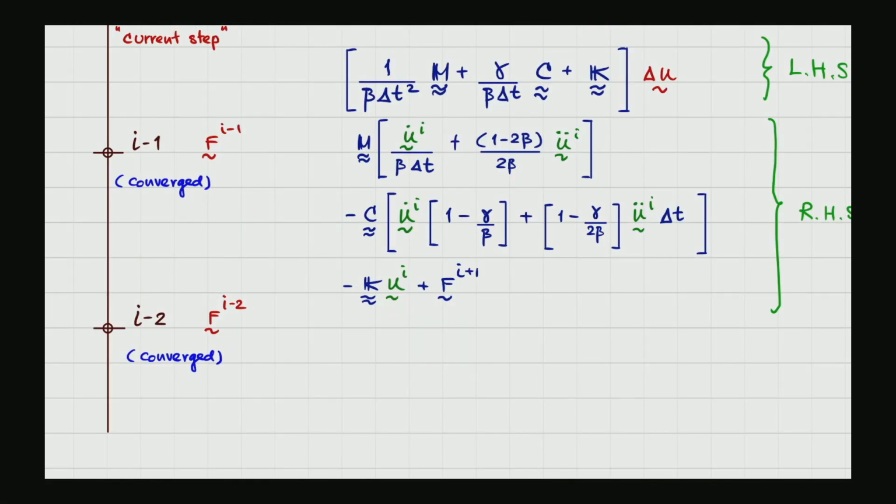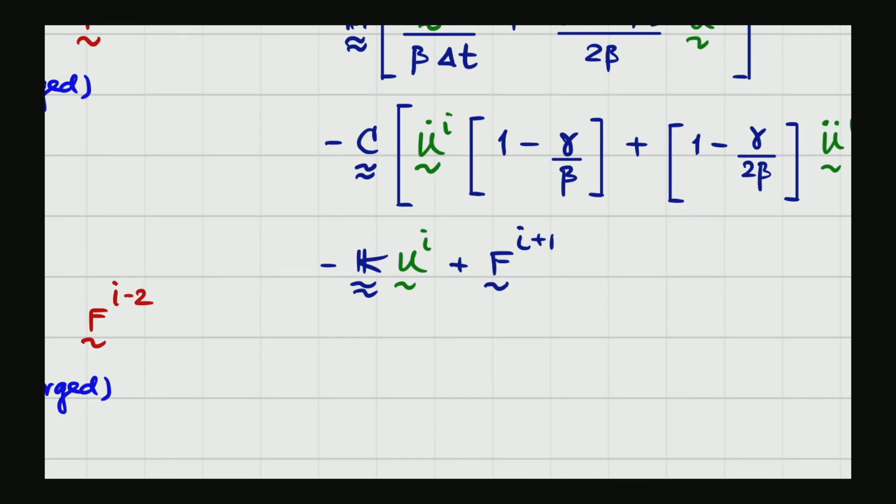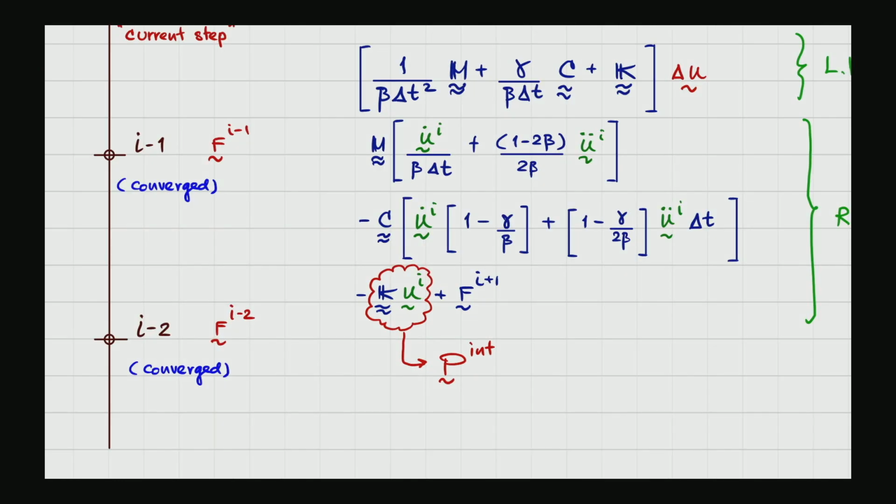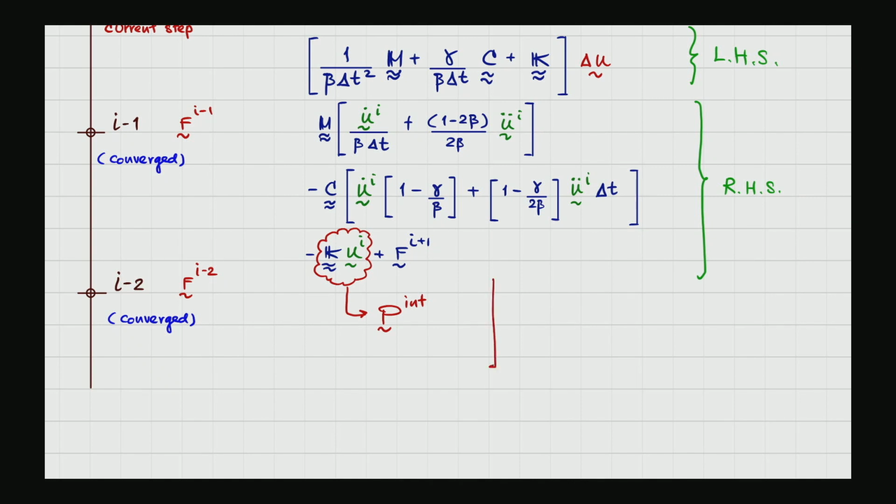Basically, this term here, to be precise, when we talk about nonlinear problem, it is not the K times U. It should be represented by the P internal. It is internal force. It is not evaluated by K times U, because the constitutive model of your material, of your structure, will look like this. So if it is the U and this is the force, it is not just the K times U, right?